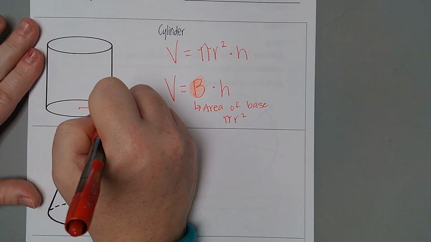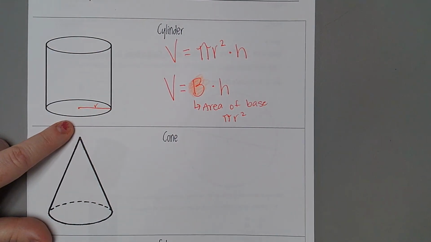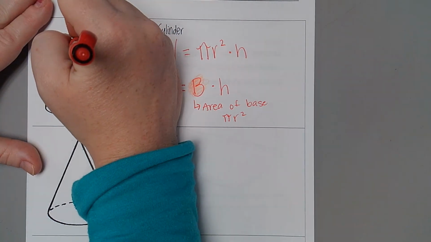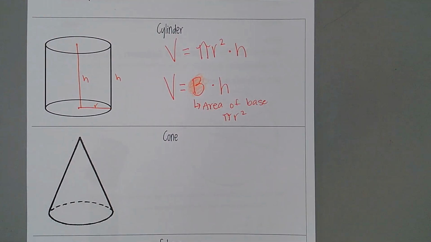Your radius is half your base, half the diameter, and your height is from top to bottom. It's sometimes also labeled on the side.